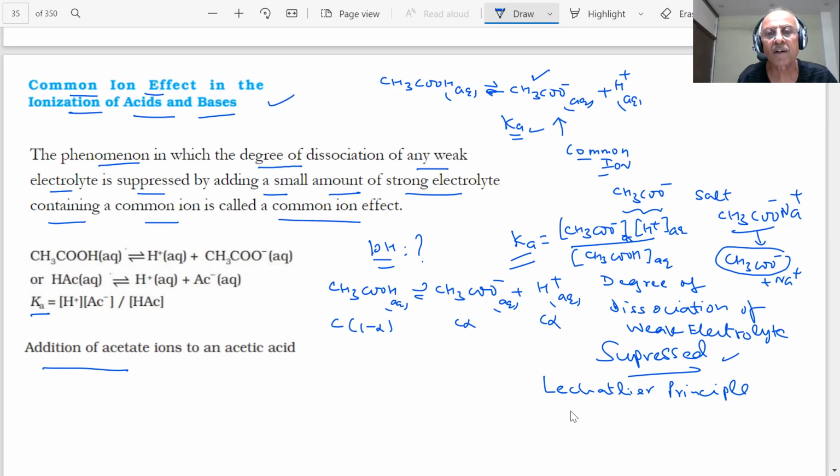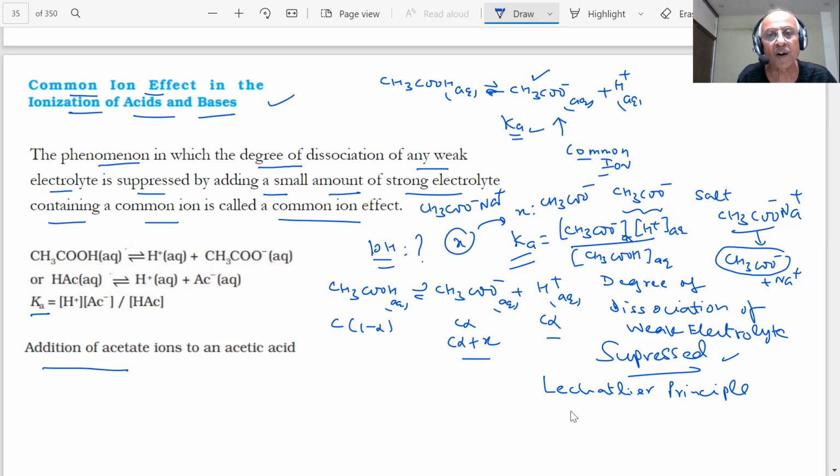Suppose you add X molar of CH3COO minus Na plus. This will produce X moles of CH3COO minus ion. So what will happen to this concentration? This will increase by X.